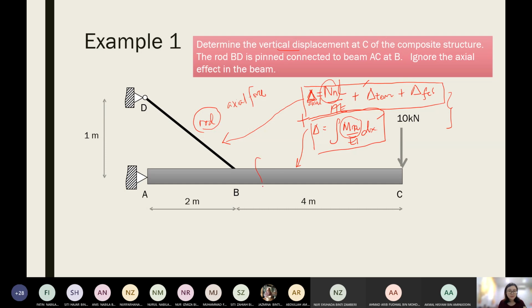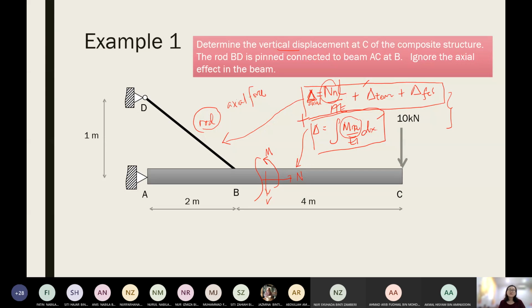Meaning that when you cut a section here, what do you draw? You have bending moment. What else? Shear force. What else? Axial force. Yes, axial force.